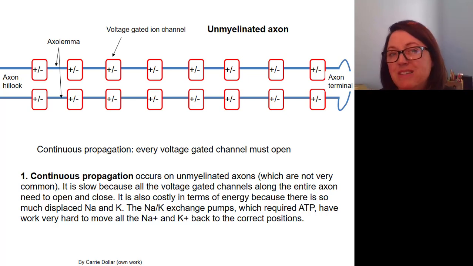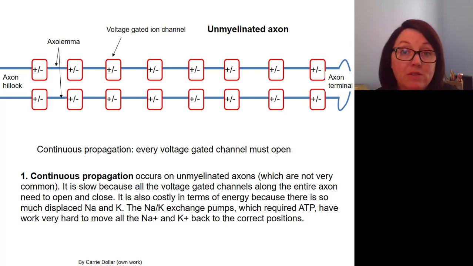Turns out, though, this is a pretty slow way to move an action potential, and it's also very energetically costly. If we open every voltage-gated sodium and every voltage-gated potassium ion channel all along the axon, we will displace a lot of sodium and potassium, meaning we have to replace the sodium and potassium back into their correct positions.